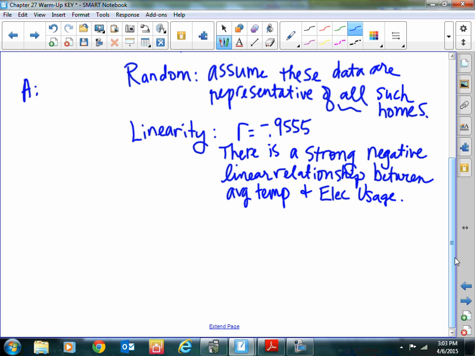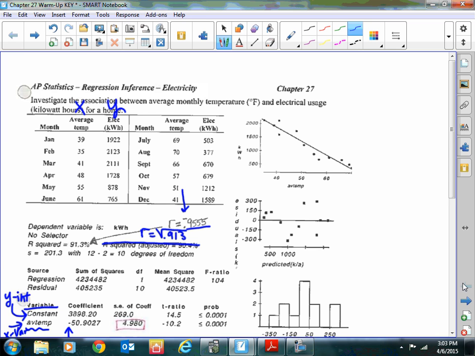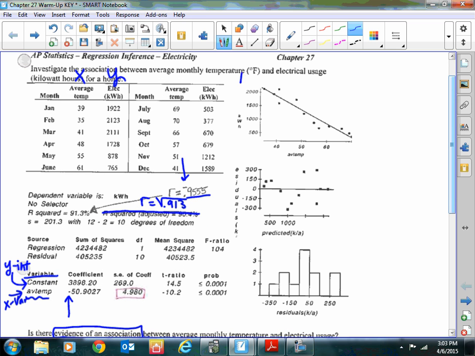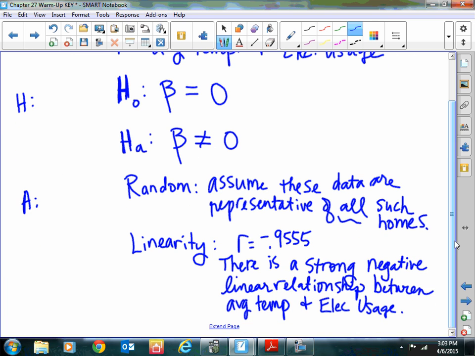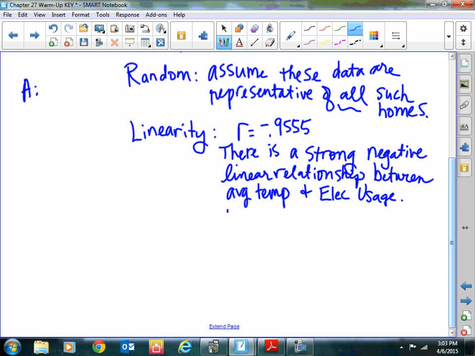Okay, and then also, if you have the picture, which I do, I'm going to label these picture A, B, C. If you have the picture of the basic data, and I do, it's a graph A, average temperature in kilowatt hours, I can see from that it looks pretty strong, negative association. So, as seen in plot A.